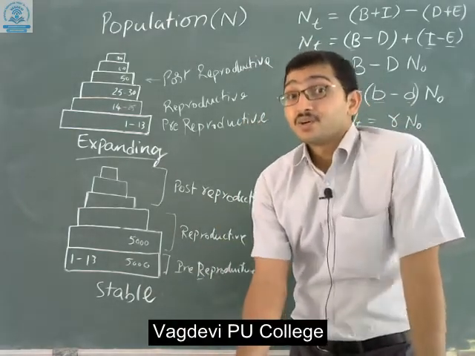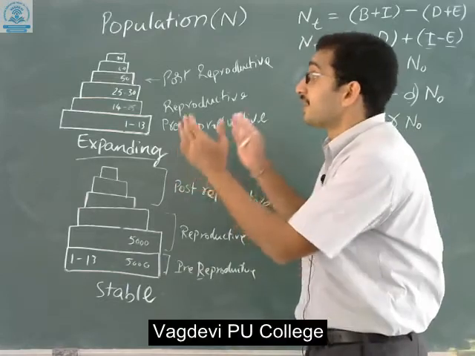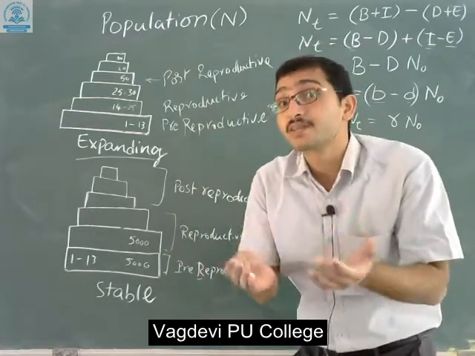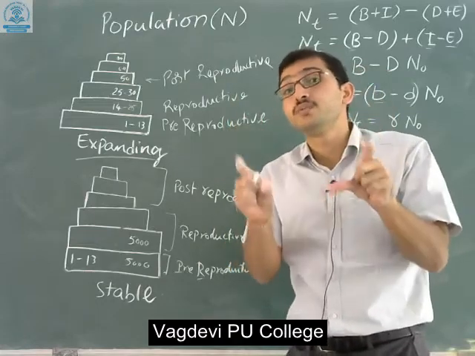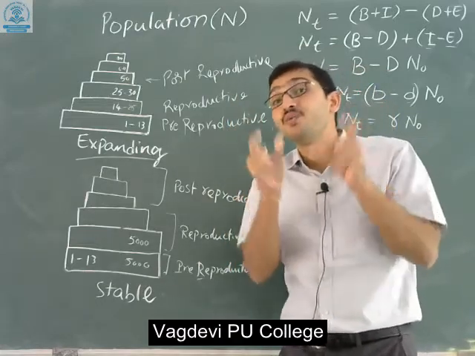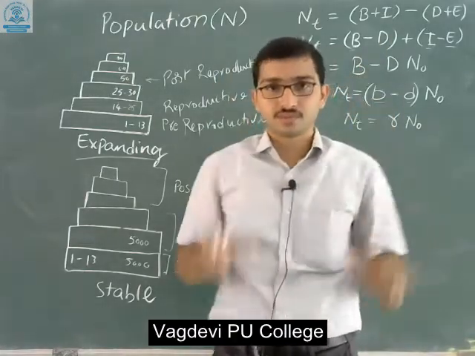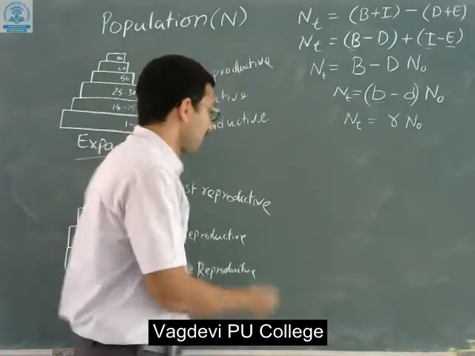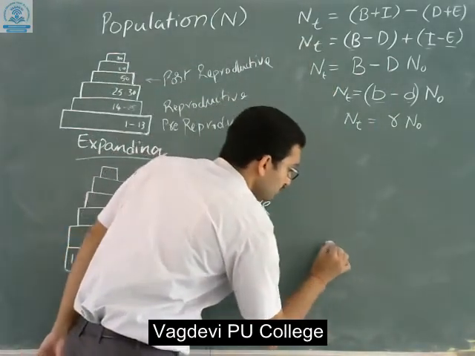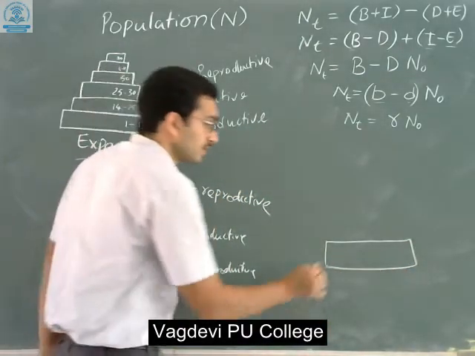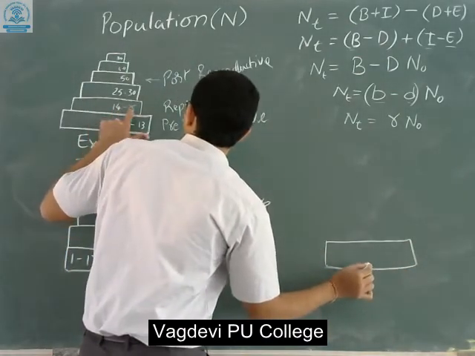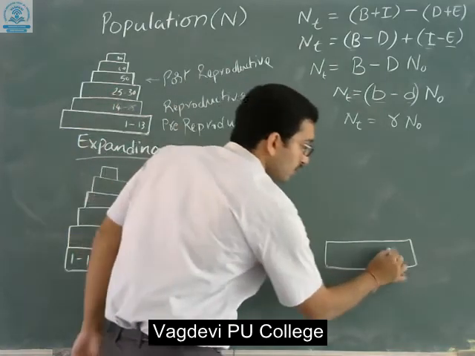In that pyramid, the number of young individuals is less, meaning the reproductive group has produced very few young individuals. I can show that in this manner. This is the reproductive block, where individuals of age group 14 to 25 or 25 to 30 are present.